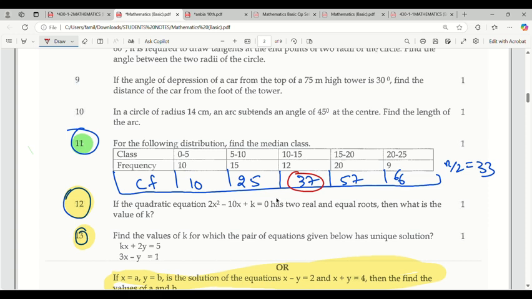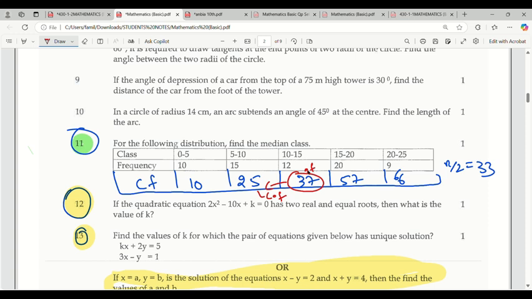So 37. So from 37, okay, I change. So we have, this will be our CF, cumulative frequency.